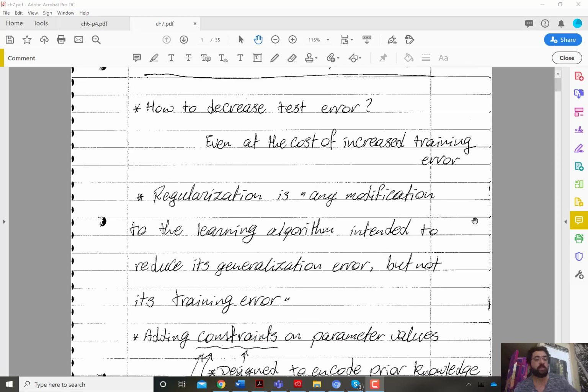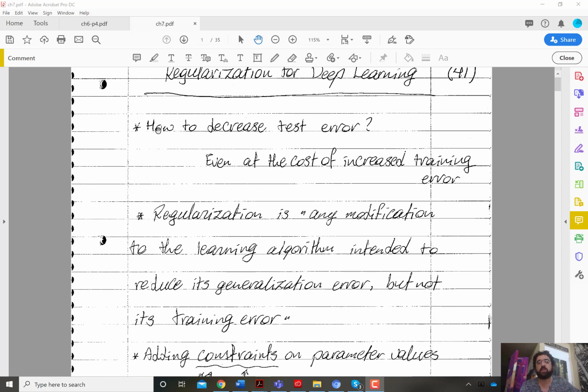So the definition of regularization, in a nutshell, that's why we need regularization, because we need to choose a hypothesis that generalizes, and that's why generalization is another keyword that's used for regularization strategies. And basically, it's concerned with decreasing the test error.